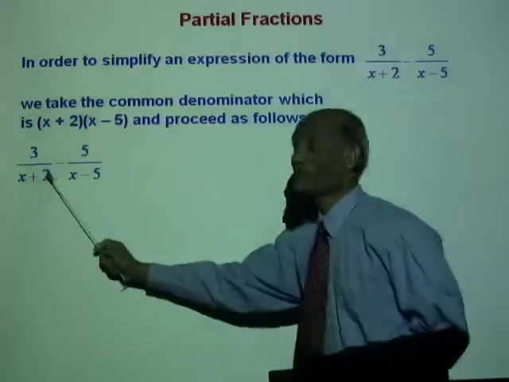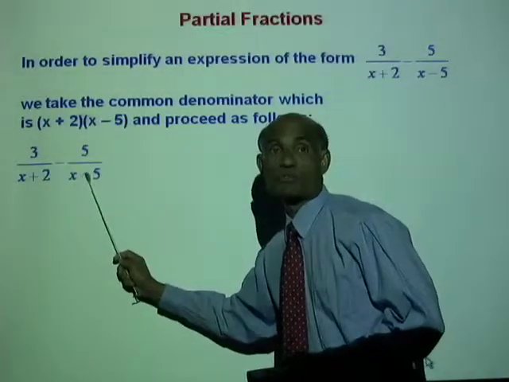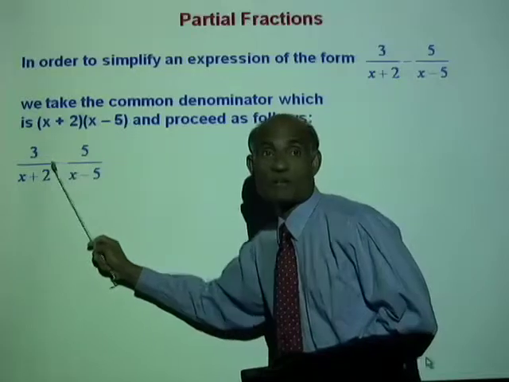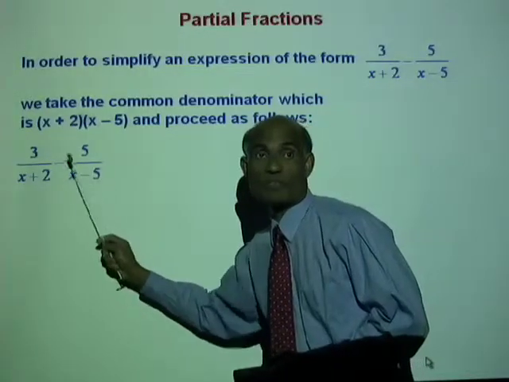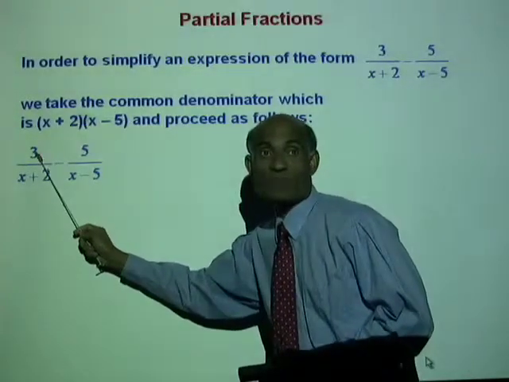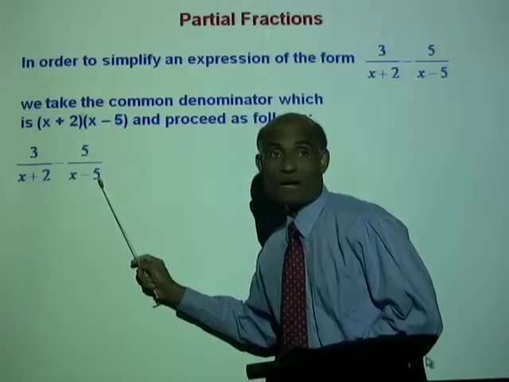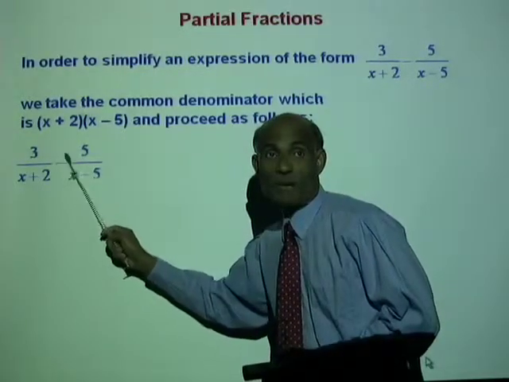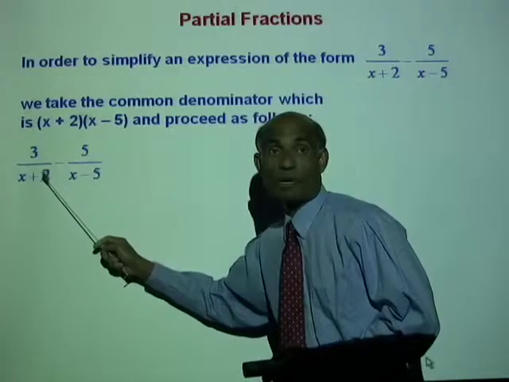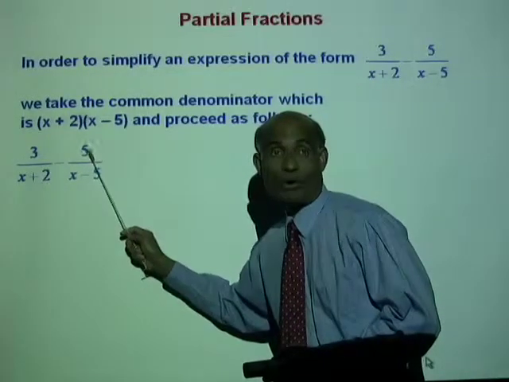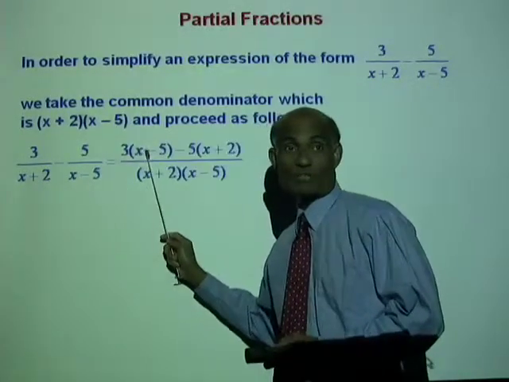When you do that, x plus 2 times x minus 5 becomes the common denominator. That means 3 will get multiplied by x minus 5, and minus 5 will get multiplied by x plus 2 on the numerator, giving you this.